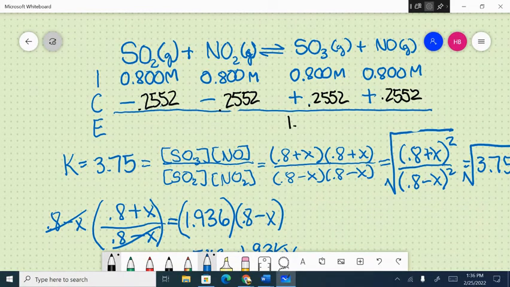This would be 1.0552, 1.0552, and this would be 0.5448.